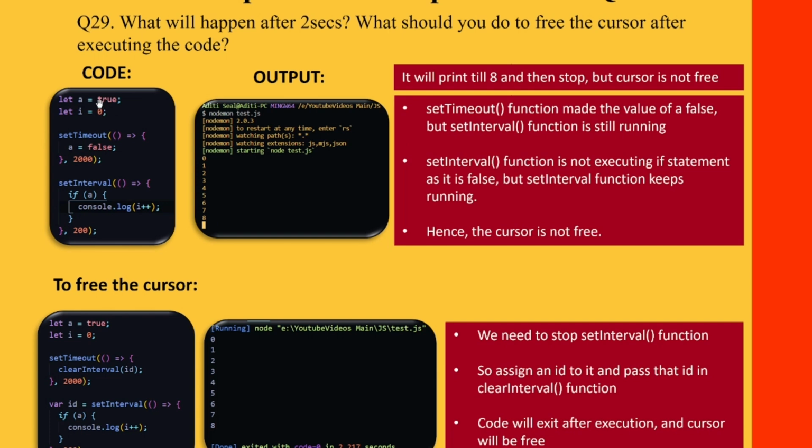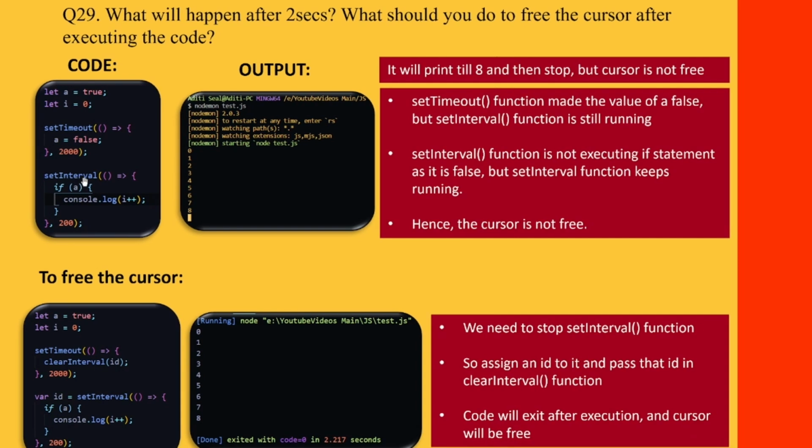So here you can see in this code, there is a set timeout function and there is a set interval function. In the previous example, I was showing you that it was printing hello, but in this, I'm showing you that it is printing 1, 2, 3, 4 like this. Okay, so here you can see what it will do.